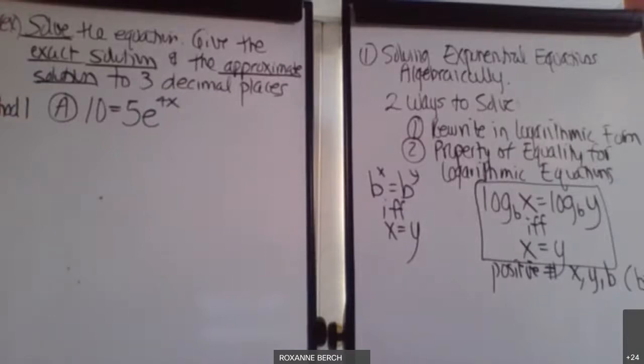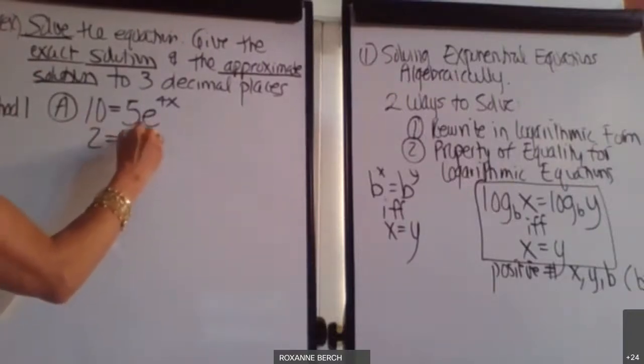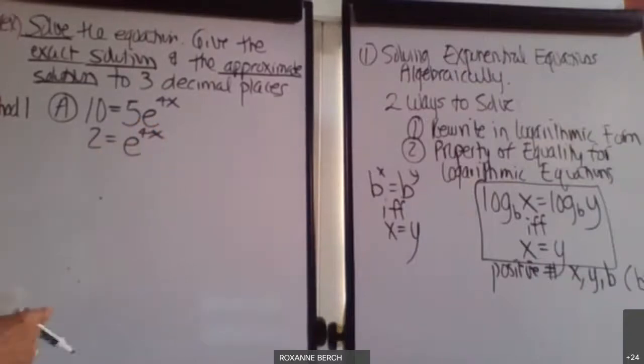They're just different approaches. So in this approach, what we're going to do is simplify this as much as we can. So we're going to divide by 5, divide by 5. And now we're going to take a natural log to both sides.